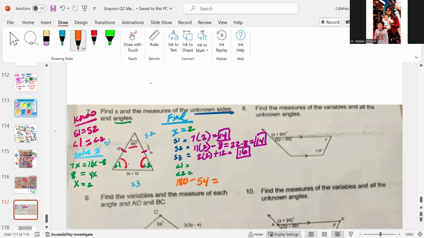So let's subtract it. 126. Good. But didn't we say that angle 1 and angle 2 are exactly the same? Yeah. So then couldn't I just divide that by 2 so I can get one of the angles?